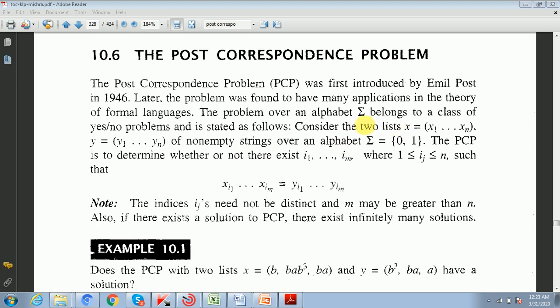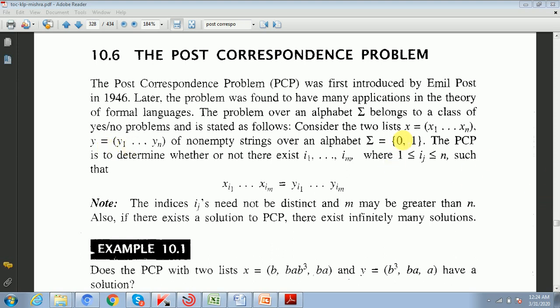Generally, we are given two lists. List 1, namely x, has elements called x1, x2 and so on up to xn. Another set, namely y, has elements called y1, y2 and so on up to yn. First of all, the primary condition here is that the number of elements in x and the number of elements in y should be the same.